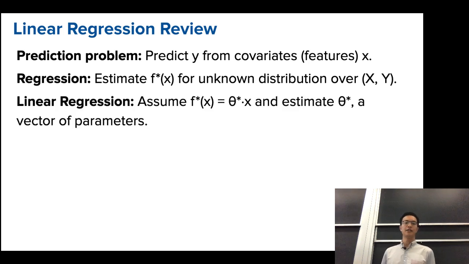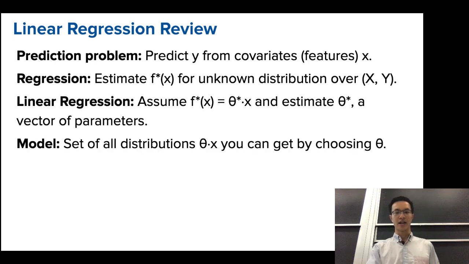In linear regression, we assume that in the population there's a linear relationship with what we call theta star and x. So we assume that there's a linear relationship between the features that we're interested in and the outcome that we're trying to predict.